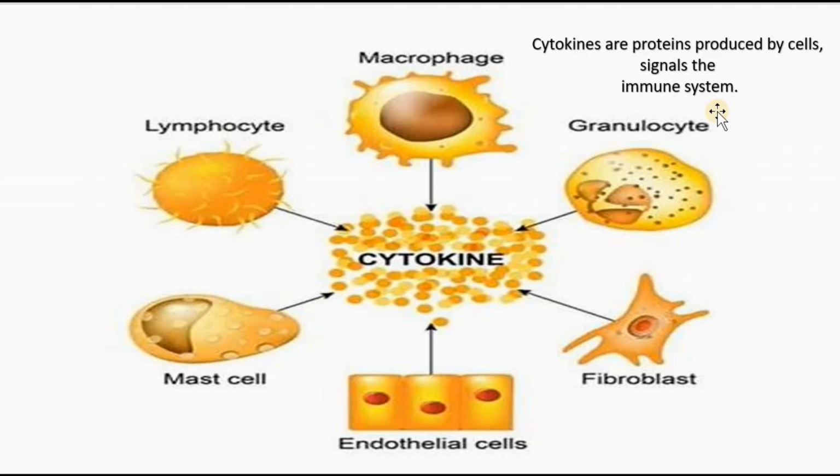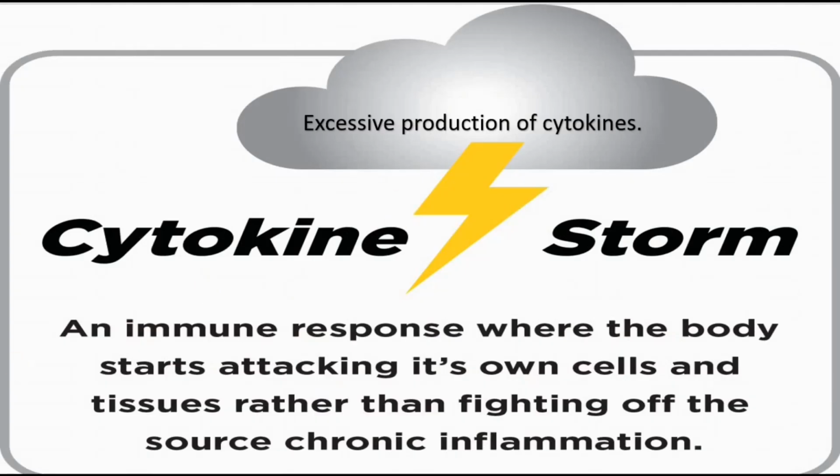But in some people, what happens is a cytokine storm. What is a cytokine storm? That is excess production of cytokines. A lot of cytokines are produced. As a result, it leads to an uncontrolled immune response. The immune system is supposed to attack or defeat the virus or pathogen.